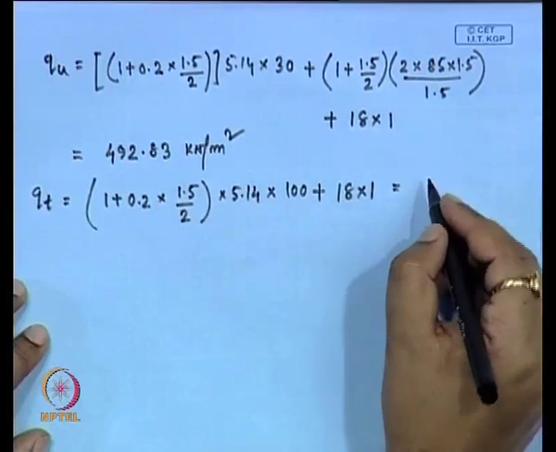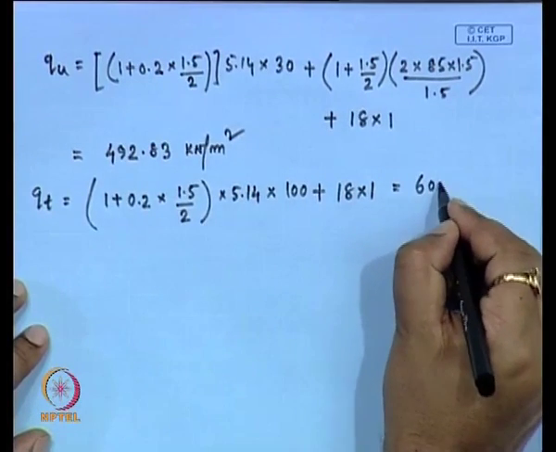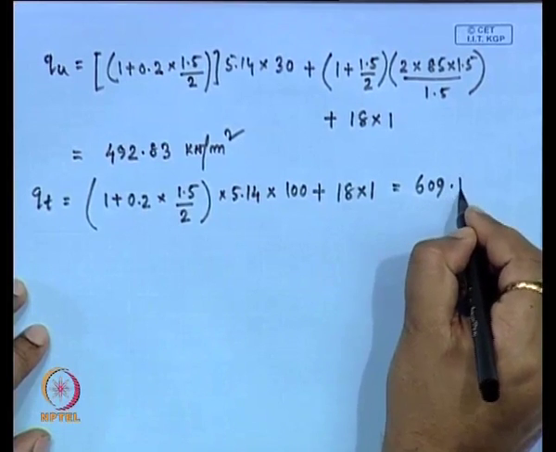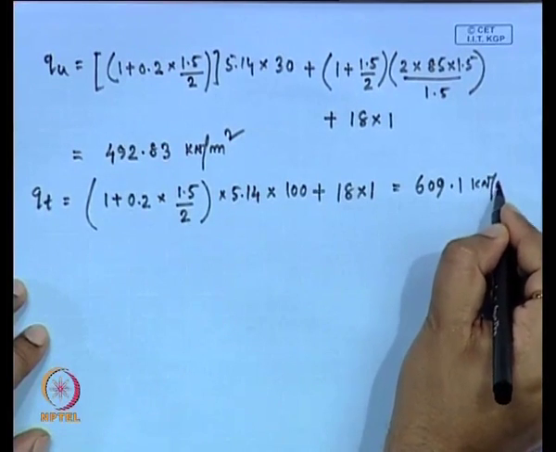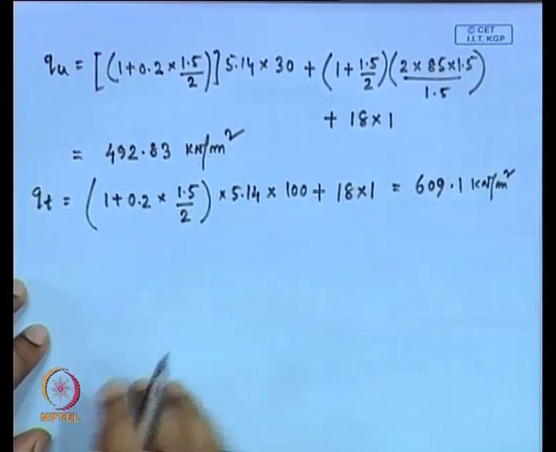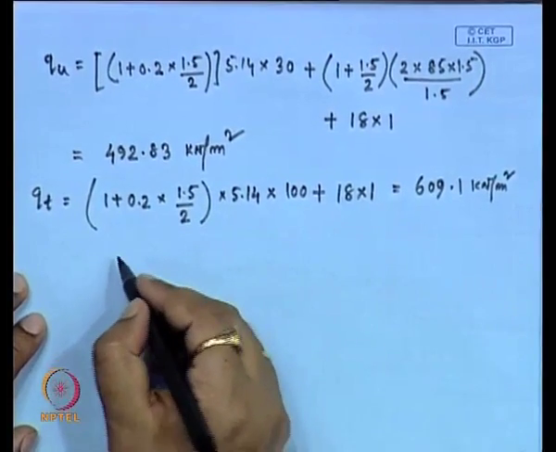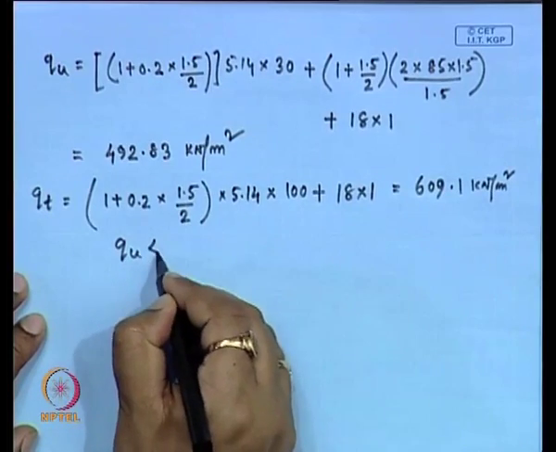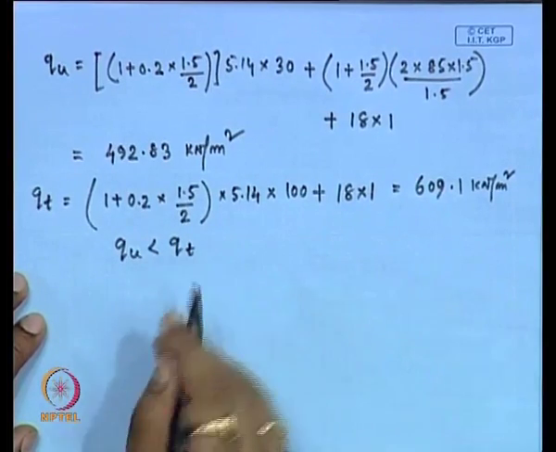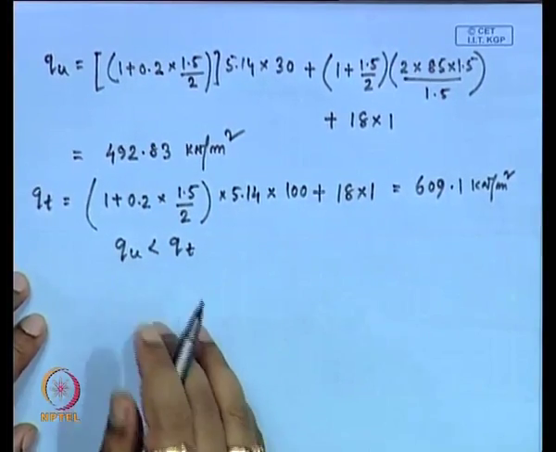So, after the calculation this value Qt is coming 609.1 kilonewton per meter square. So, from this calculation we can say that Qu is less than Qt. So, it is satisfying this condition.